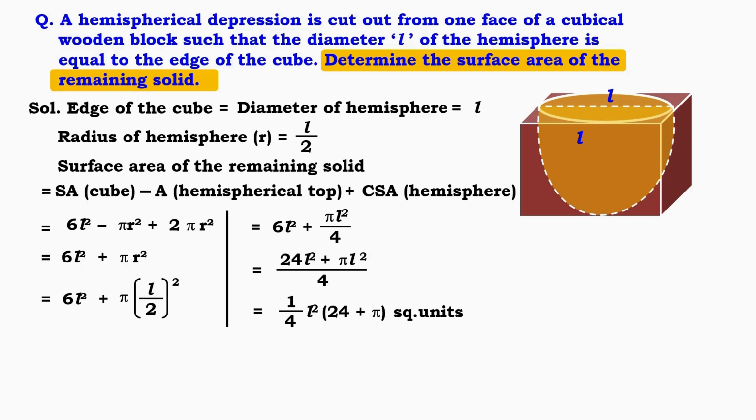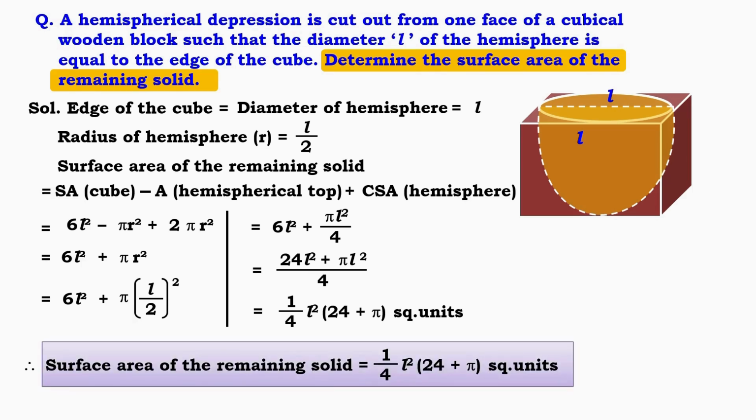Since here L is not given, we can keep it as it is, in terms of L. So the surface area of the remaining solid will be 1 by 4 L square into 24 plus pi square unit. Since the unit is not mentioned, we will just write it as square units.